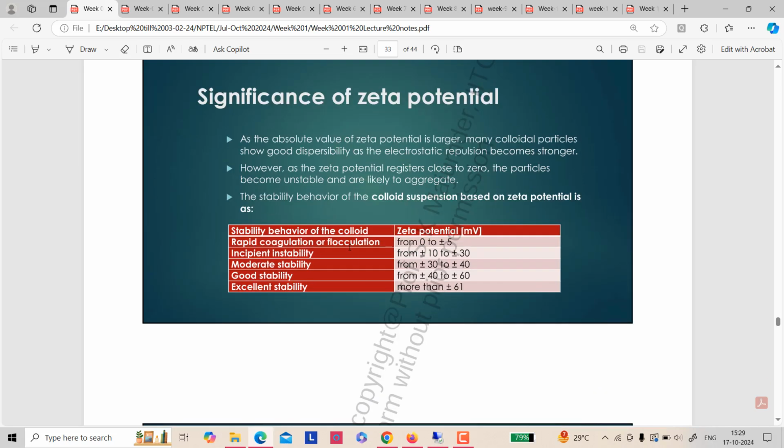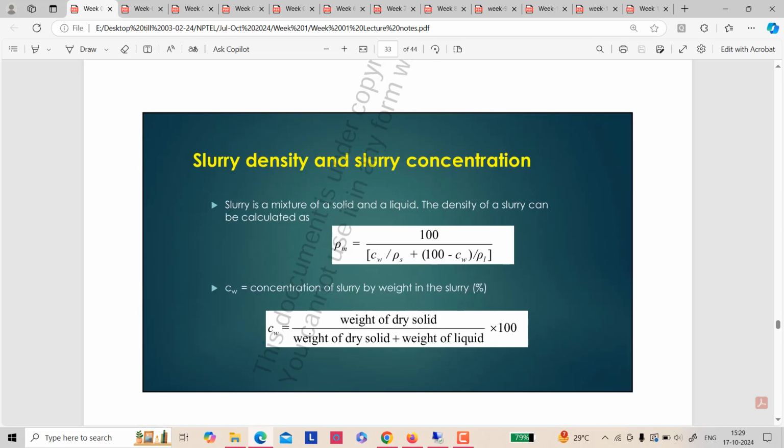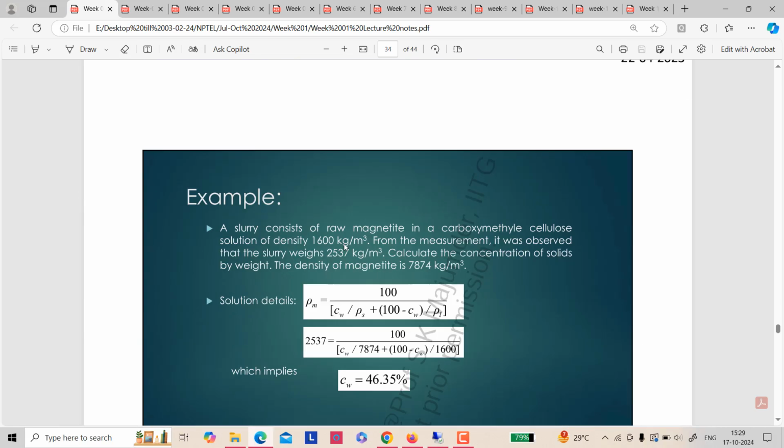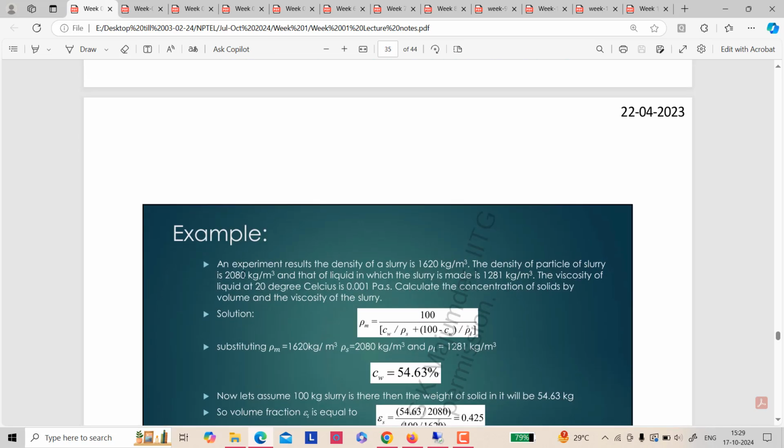That is not called a good colloidal solution, because a colloidal suspension should be one where the particles are separated and segregated because of their electrostatic repulsion. So this is the significance of zeta potential. Based on that, some problems are there. You can solve them on your own.